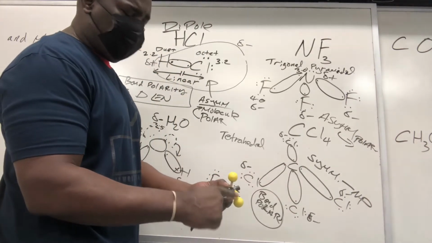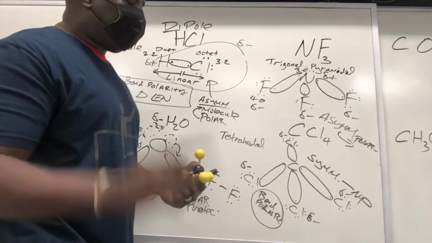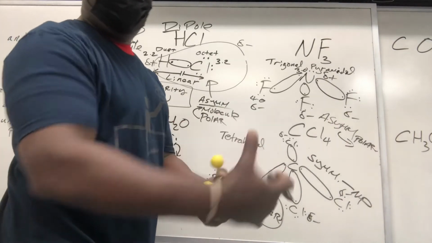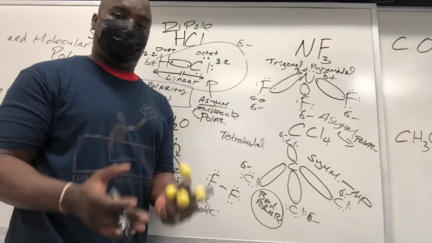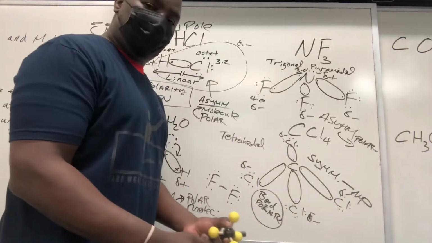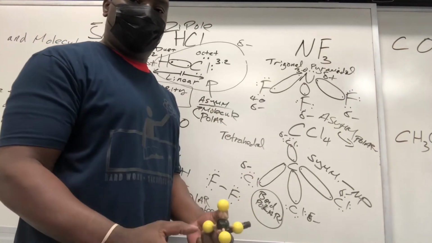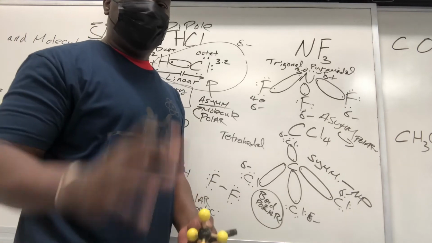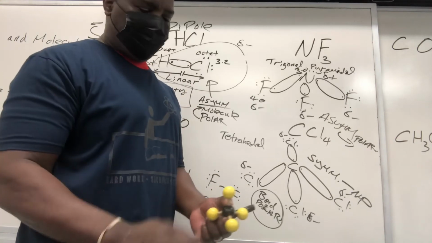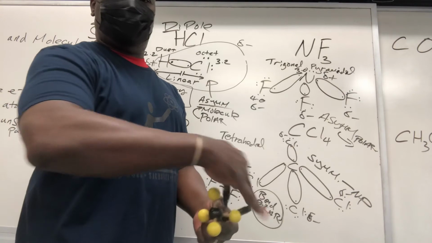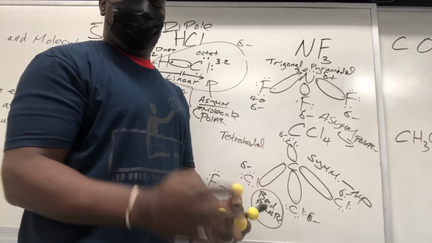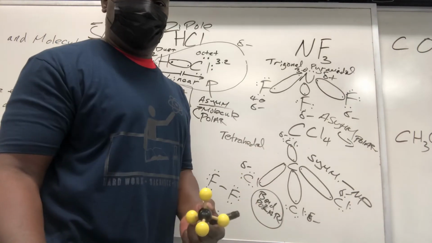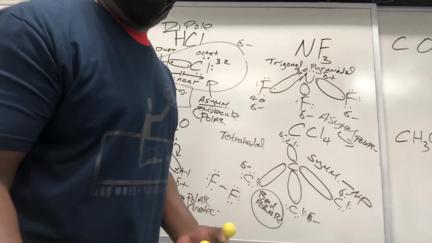Difference in electronegativity, bond is polar. But because the charge distribution all around is the same, it's a symmetrical molecule, and the molecular polarity is non-polar. So please make that distinction: bond polarity versus charge distribution around the molecule. That's what governs the molecular polarity.